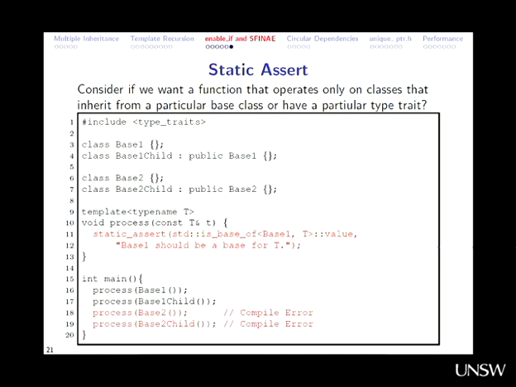I take out one of these functions, and because of enable if up here, when the values aren't the same, that's not going to compile, and so I compile this, and I get this no matching function call error.